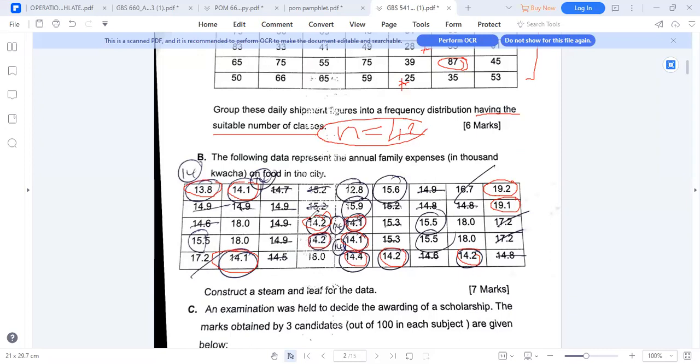So the 15, they were 1, 2, 3, 4, 5, 6, 7, 8, 9, 10, 11, 12, 13, 14, 15, 16, 17, 18. So there were 18.